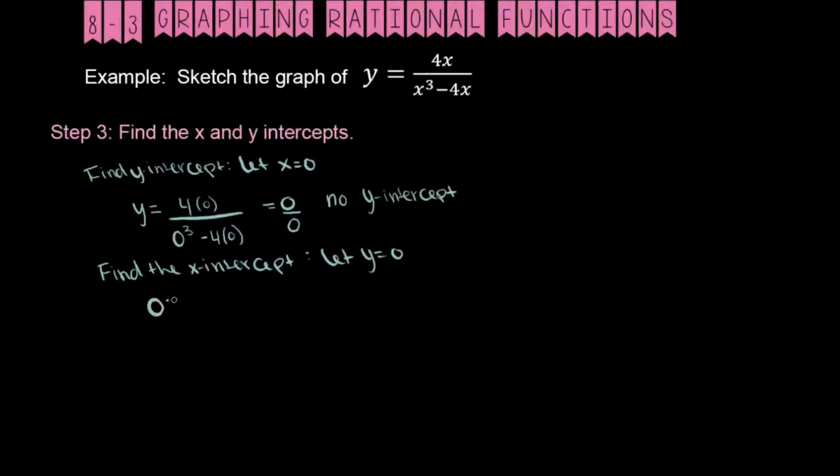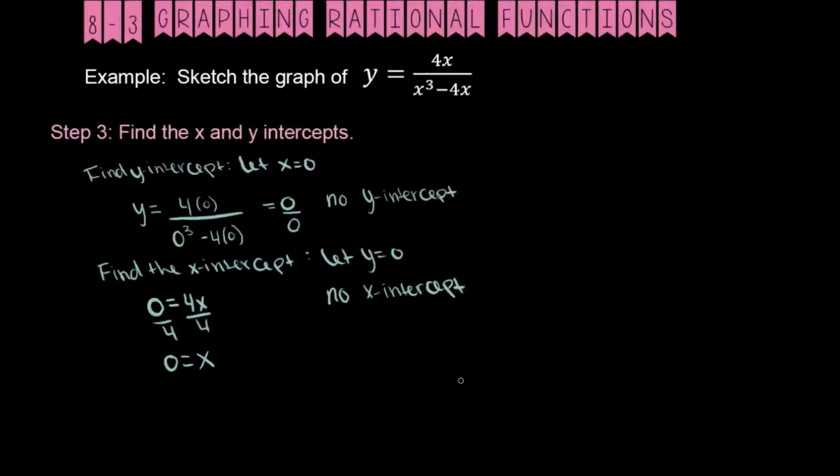So I'm going to say 0 equals 4x, which means if I divide by 4, I get 0 equals x, which we already figured out that x equals 0 from up here is a no-no. It's a point of discontinuity because if we plug the 0 in our denominator, we get 0 out, which we do not want. So there is also no x-intercept.